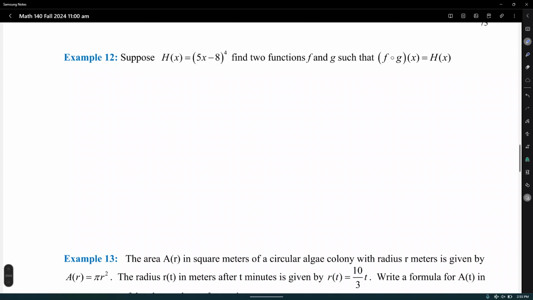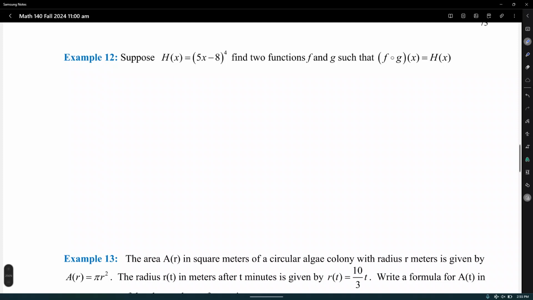In the previous few problems we were given two functions and composed them in different orders, and we got different results. But this time we're given a function already composed for us. They want us to break it apart into two functions.